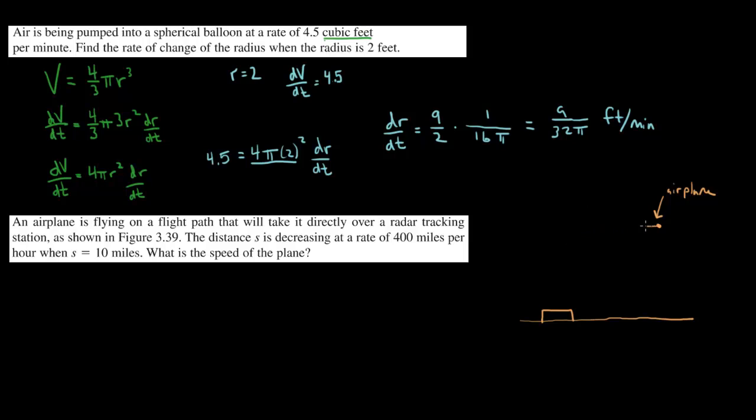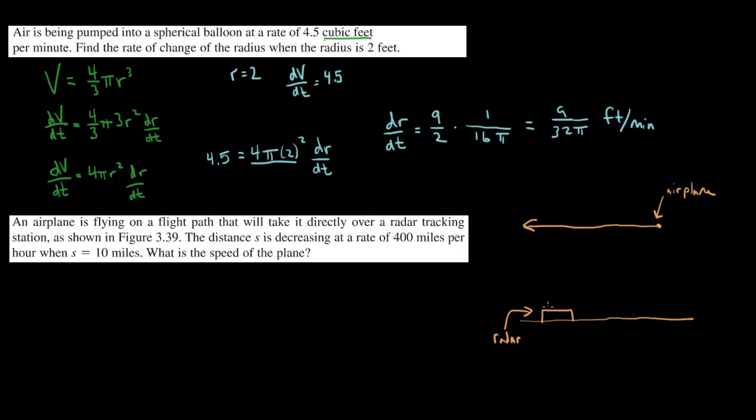Now I need to show this flying in a level flight path. So it's going to go directly over a tracking station. We'll say that's just radar. Directly over the radar tracking station, the distance s is decreasing at a rate of 400 miles per hour.